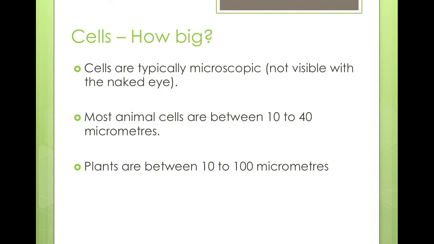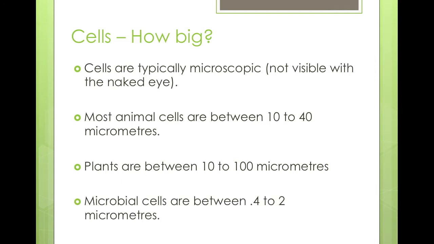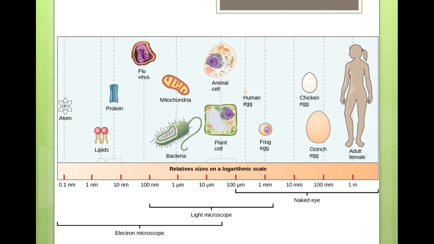Plant cells can get a little bit larger, between 10 and 100 micrometers, and microbial cells, that is bacteria and small single-celled organisms, often sit at about 0.4 to 2 micrometers, so even smaller than animal cells, okay?